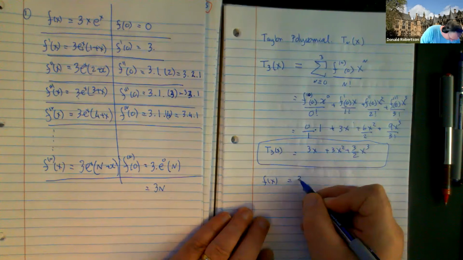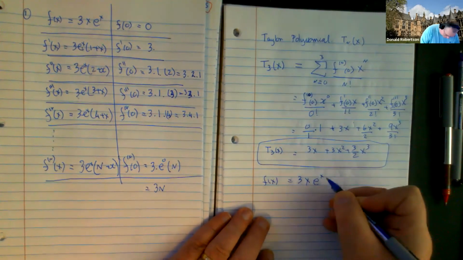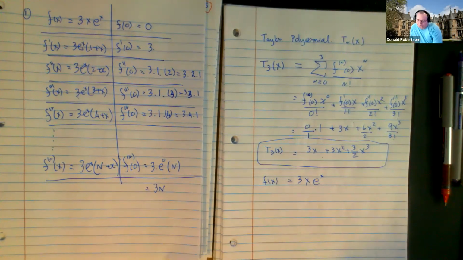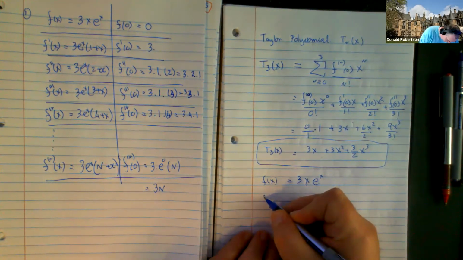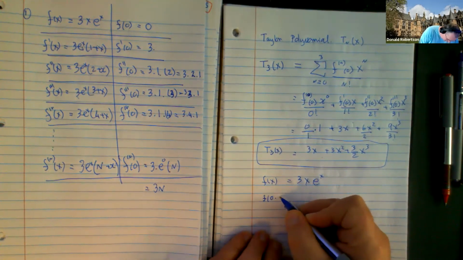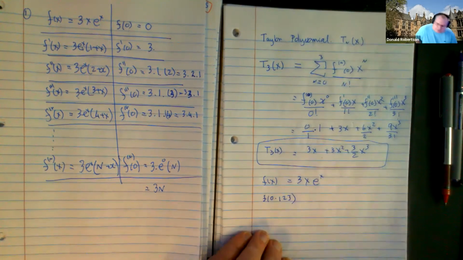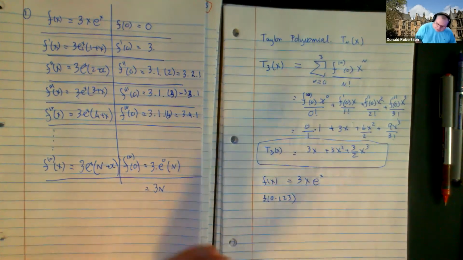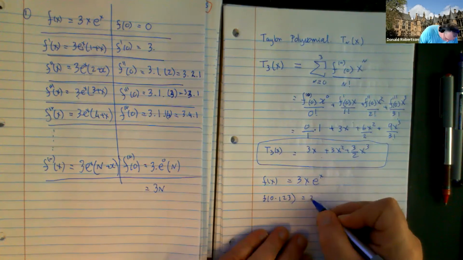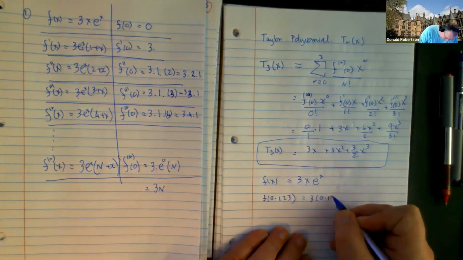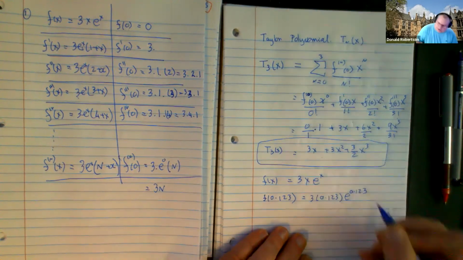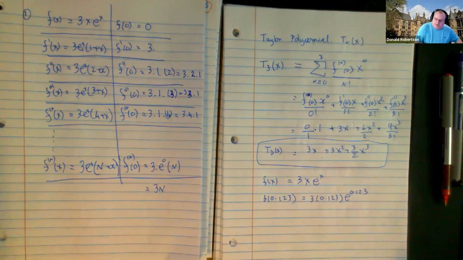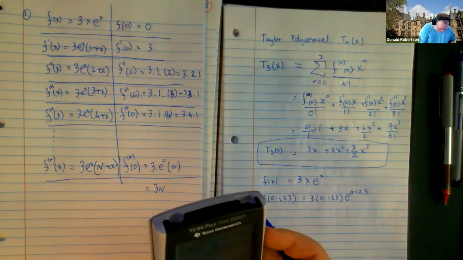The function that this guy represents is this guy. Let's do the value of the function at 0.123. That's pretty close to 0. So its exact value is that, right? So let's see what that looks like.